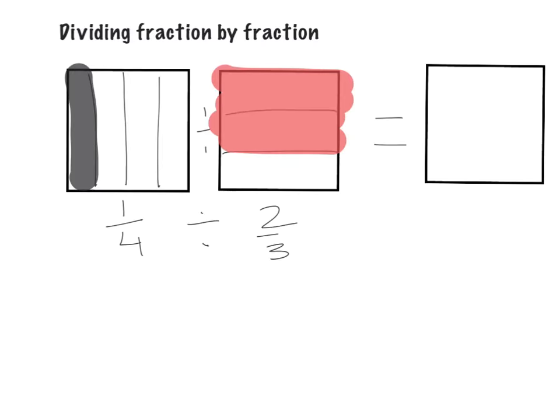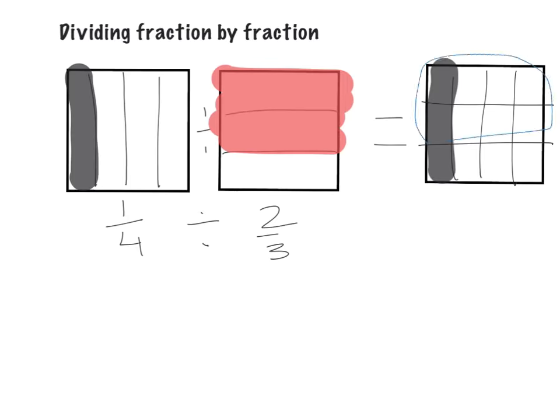And my last square over here, I'm going to draw my 1/4 again, shade that in, and then I'm going to take my 2/3, draw those as evenly as possible, and then circle my 2/3.